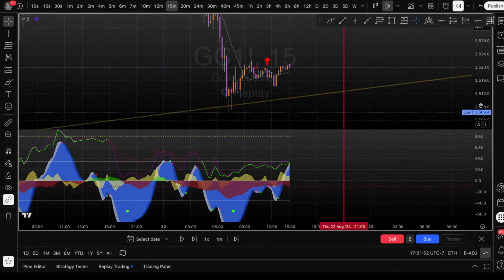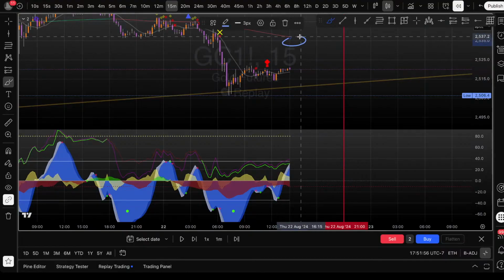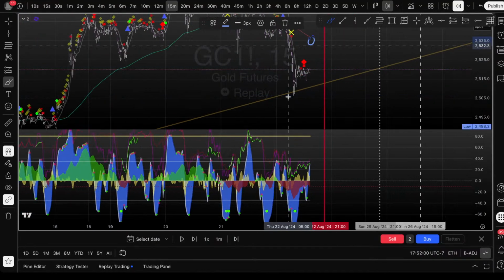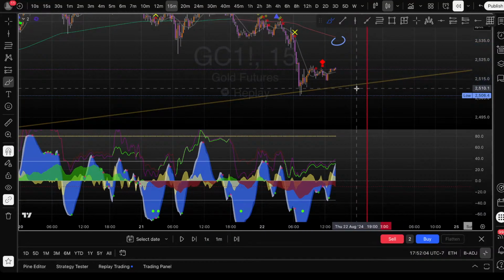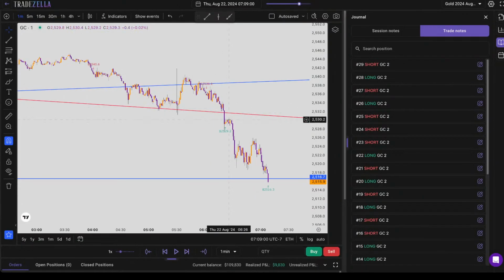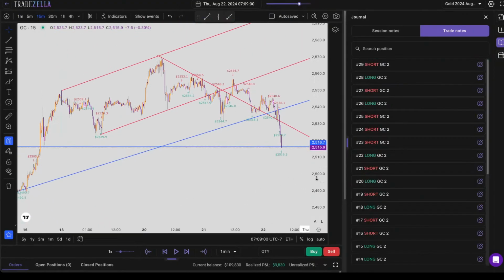So if she gets back up to here, we'd want to know, because it could have a reaction and push back down. But let's see what we got over here on these trend lines.